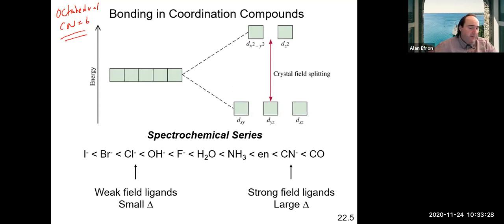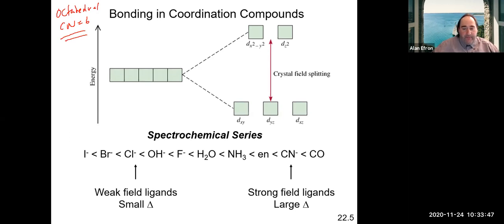This specific arrangement, with 3 d orbitals on the bottom and 2 d orbitals up on top, the squares up on top and the non-squares on the bottom, is how the splitting occurs with a coordination number of 6.